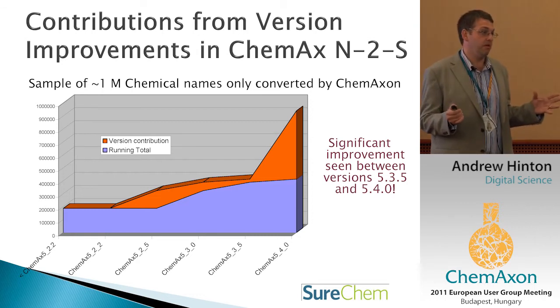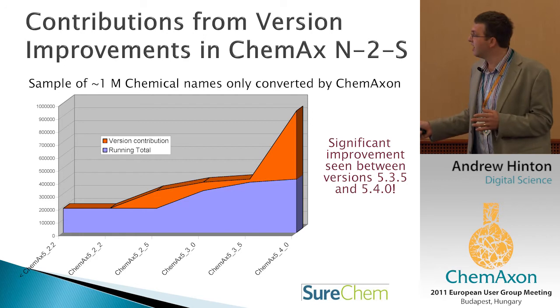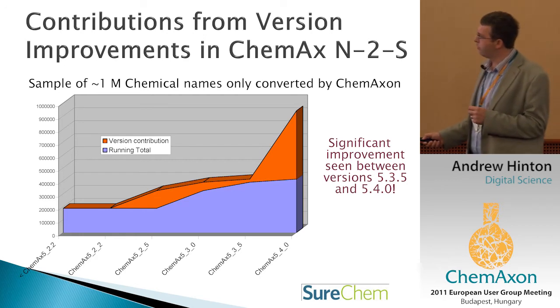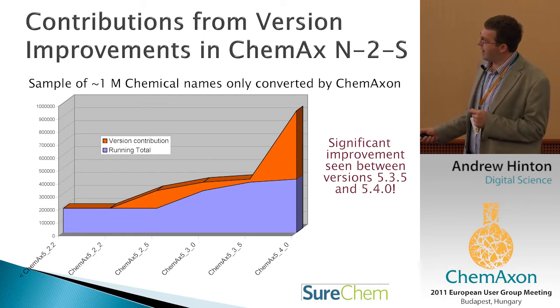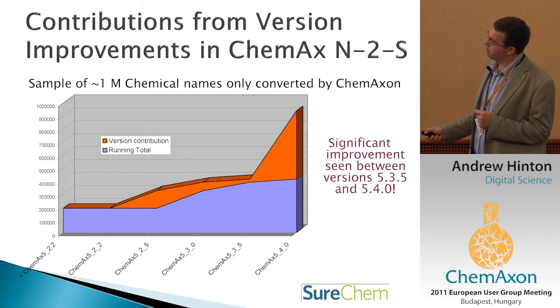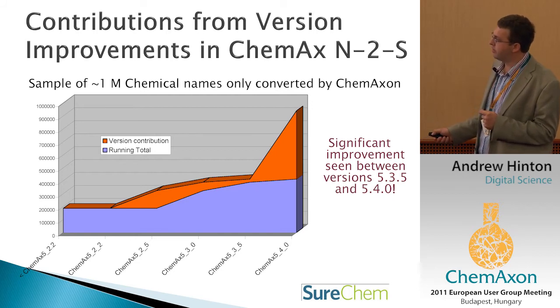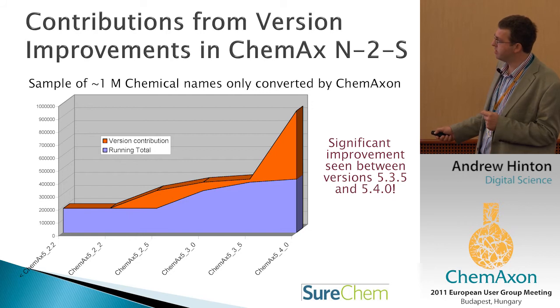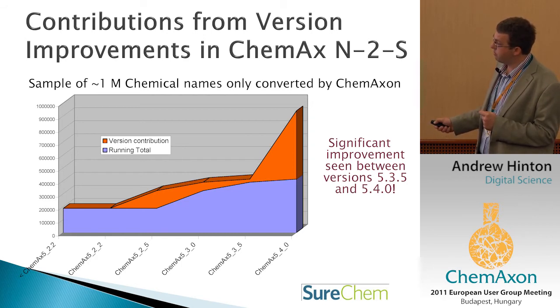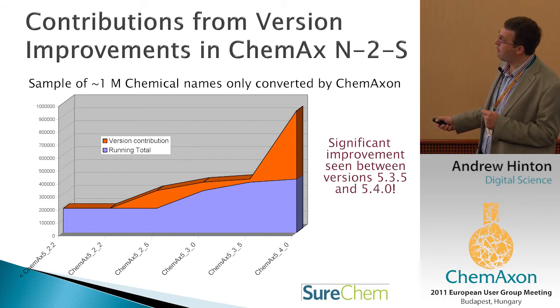And what we see quite nicely is that as we travel back in time, prior to 2009, where we're dealing with 5.22, we see that there is a genuine increase. Each version improves the amount of structures that we're able to generate, but we saw a huge leap in the difference between 5.35 and 5.4.